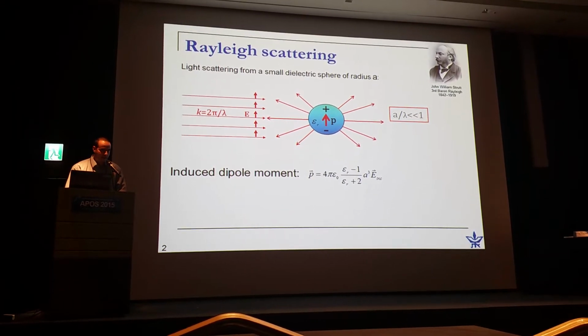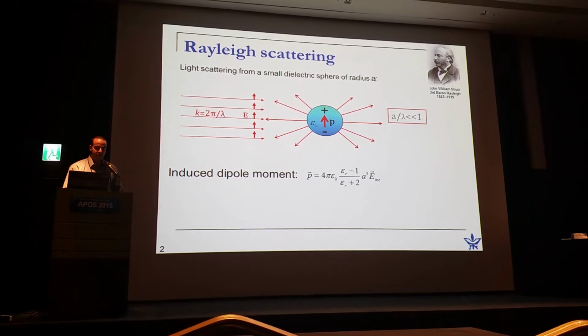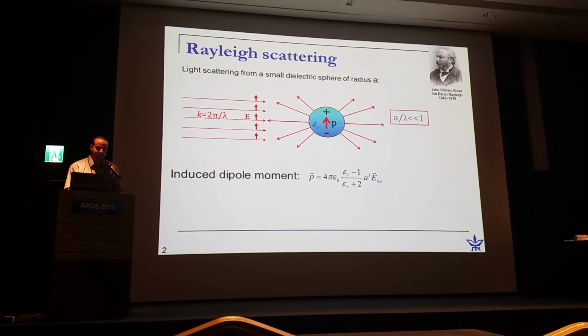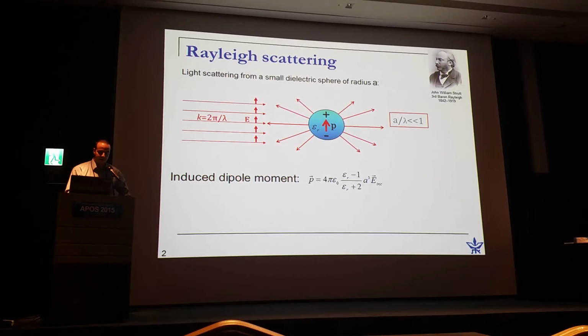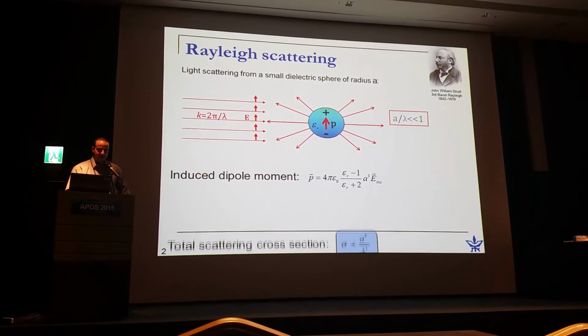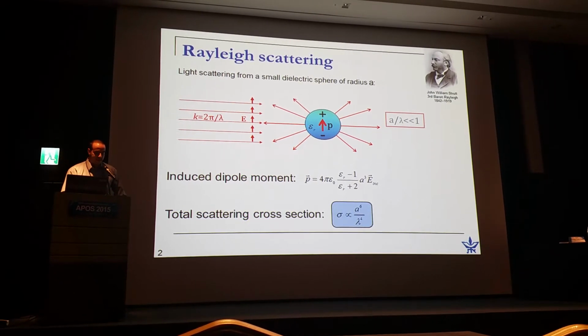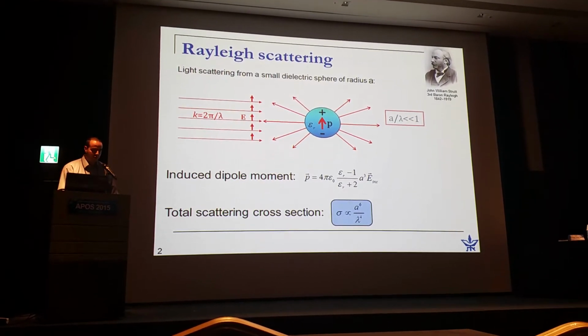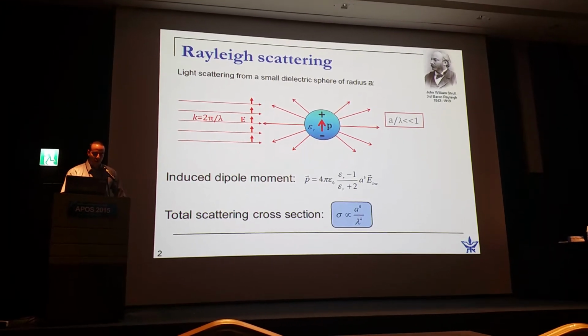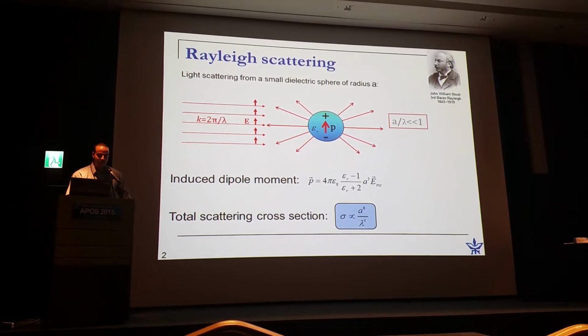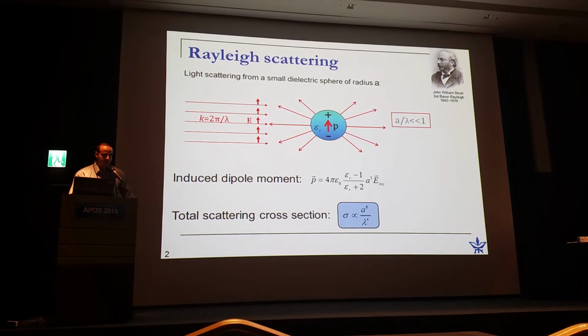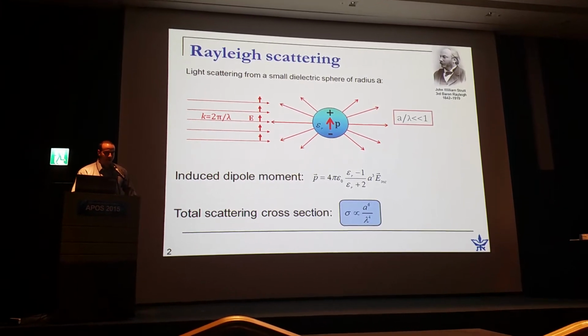And if the wavelength of the illumination is much larger than the sphere radius, then the total scattering cross-section is proportional to the square of the sphere volume and inversely proportional to the fourth power of the wavelength.